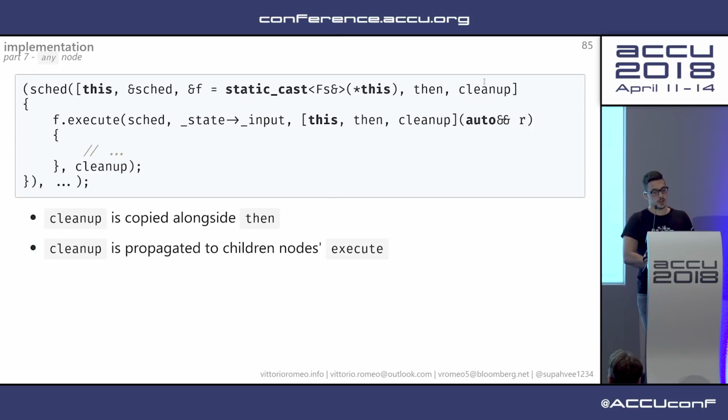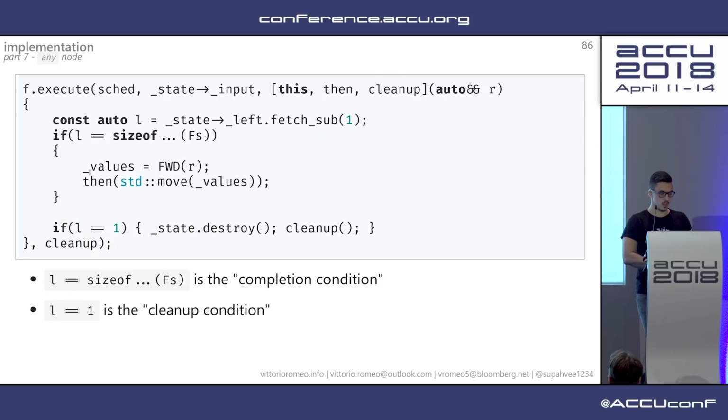So what we do is propagate cleanup forward in all the execute calls. And here you can see in the any implementation of execute, for each computation f inside any, we will decrement the atomic counter. Then if we are the first one to decrement the atomic counter, we will move our own result value into the values variant and invoke the computation.